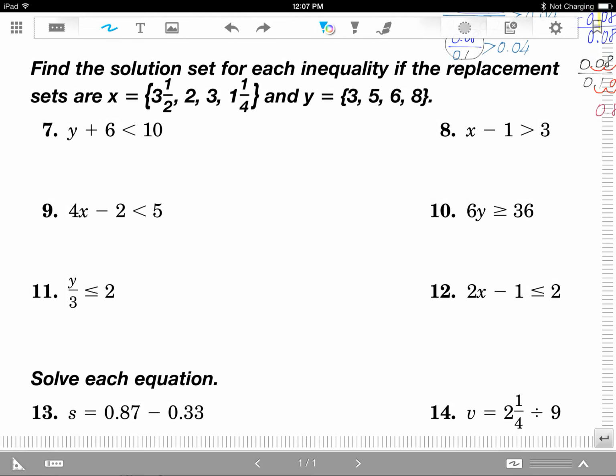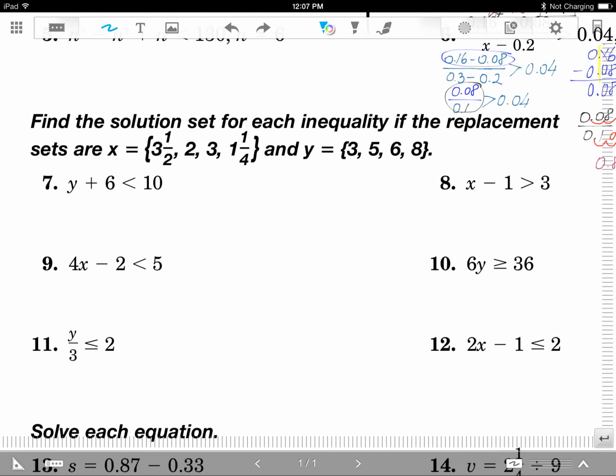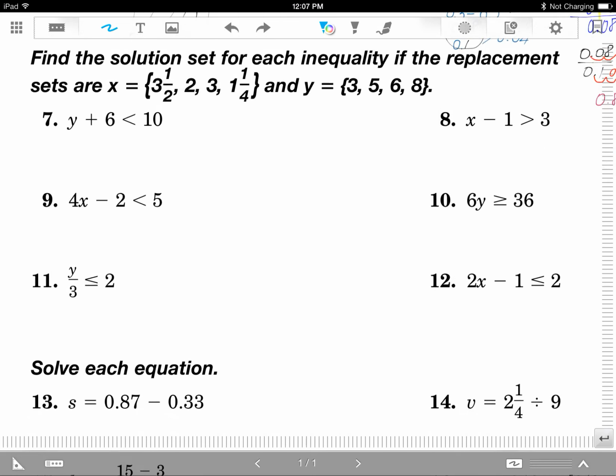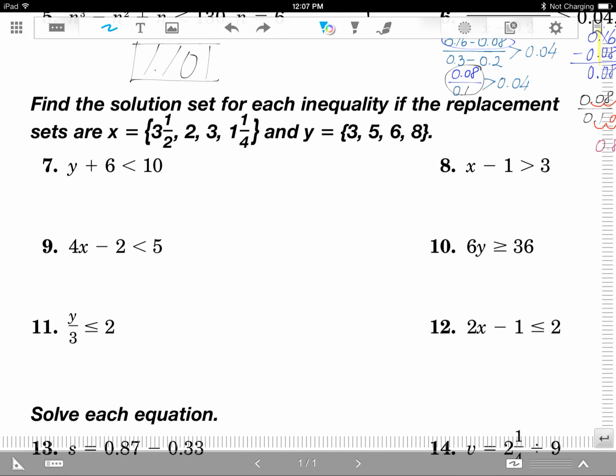This type of problem is talking about solution set or replacement set. It relates to your lesson 1.10, replacement sets. And what is this about? If you went through the lesson, you will understand. If you don't, you have to go through the lesson.